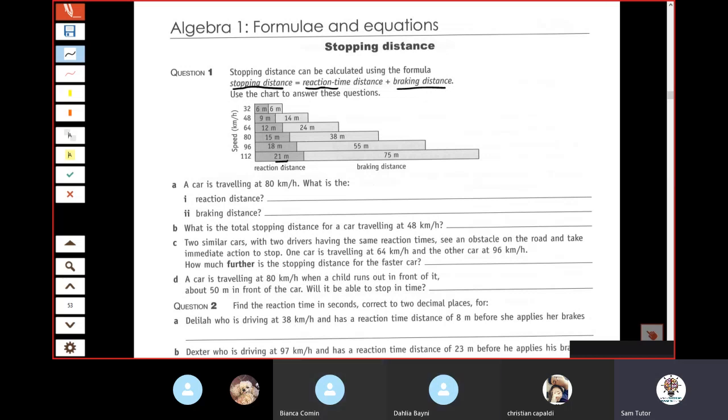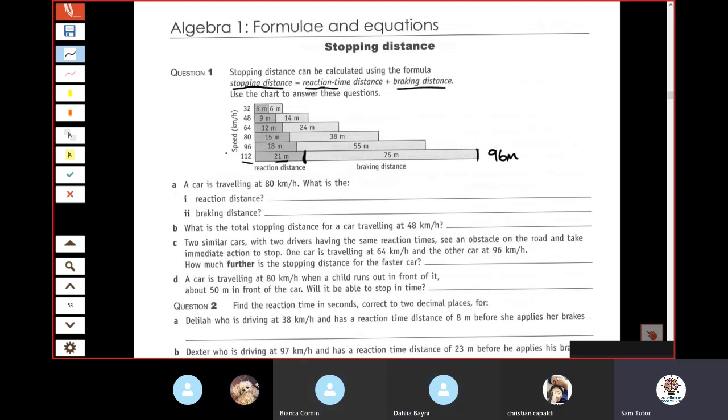But by the time you applied the brakes, you would have traveled an extra 75 meters. So in total, by the time you realize to brake and actually brake, you have traveled 96 meters when you are driving at 112 kilometers per hour. Does that make sense to everybody?